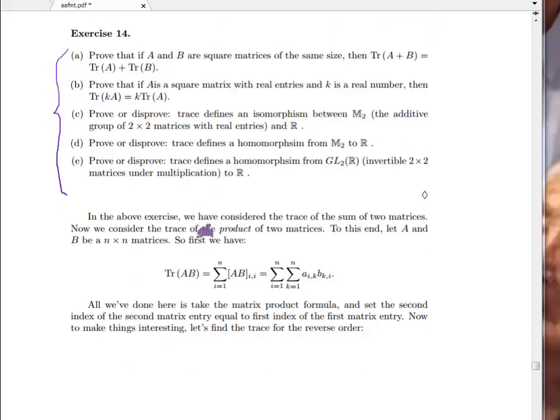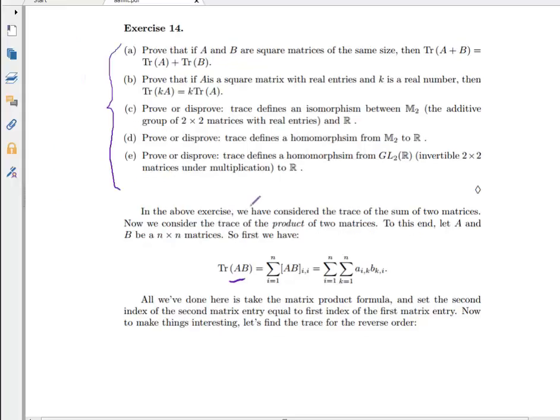Now consider the trace of the product of two matrices. I have to take the sum of the diagonal entries of AB. Now if I take the ith entry of AB, what's that? That's going to be the sum.